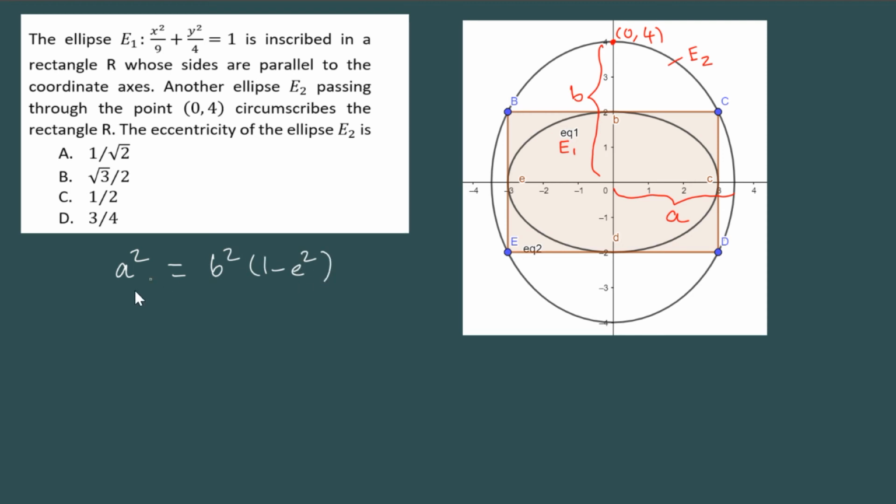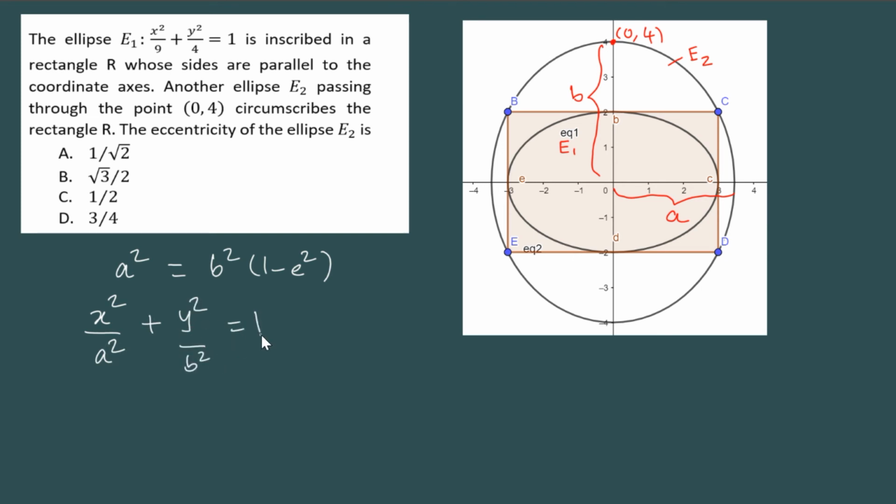So we normally write B square equal to A square into 1 minus e square, but this time we know that A should come out smaller than half of the axis in the vertical direction. Because I have drawn the diagram, it is easier to say that, but if you have not drawn the diagram, you can take the standard equation for the ellipse, get the values of A and B, and then decide which is greater.